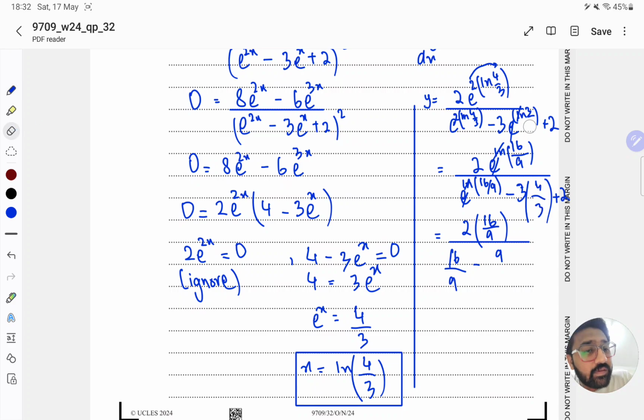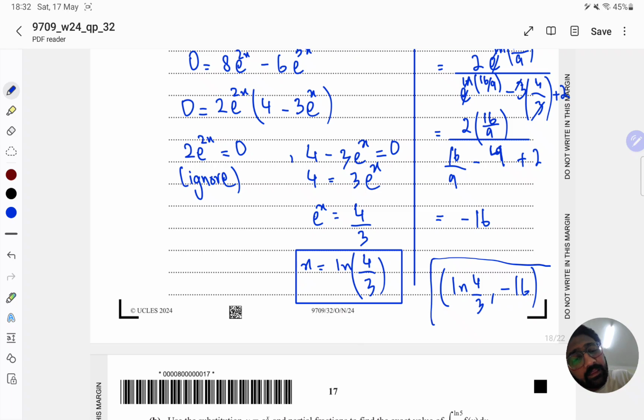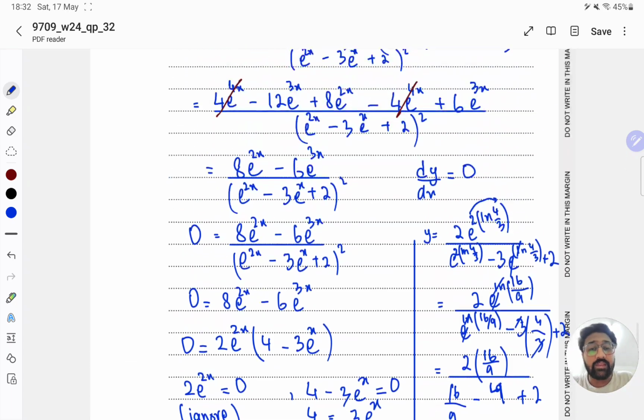I have written it wrong. It's ln of 4 by 3. These will cancel out. This will be left with just a 4, plus 2. If I further simplify, this is going to give me the value for y as minus 16. So the coordinates of the stationary point will be ln of 4 by 3 comma minus 16.